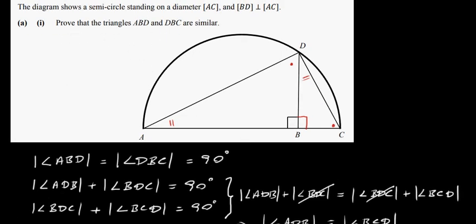You could just say, therefore, let's just put it up here. Therefore, triangles ABD and DBC are similar. So you would write that down here at the end.